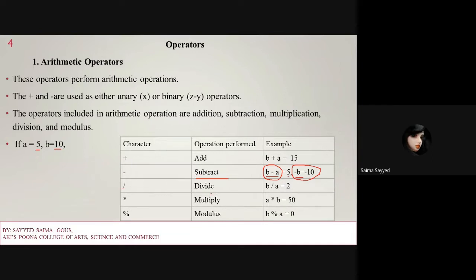Next, division. Dividing b by a will give you 2. Then similarly multiplication and modulus. So these are the arithmetic operators, in which there are 5 operators: addition, subtraction, division, multiplication, and modulus. Only plus and minus, that is addition and subtraction, can be used as both unary and binary.